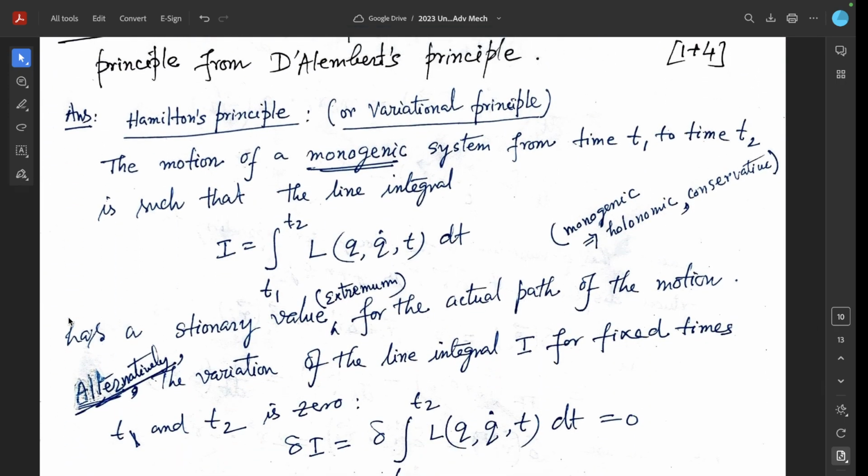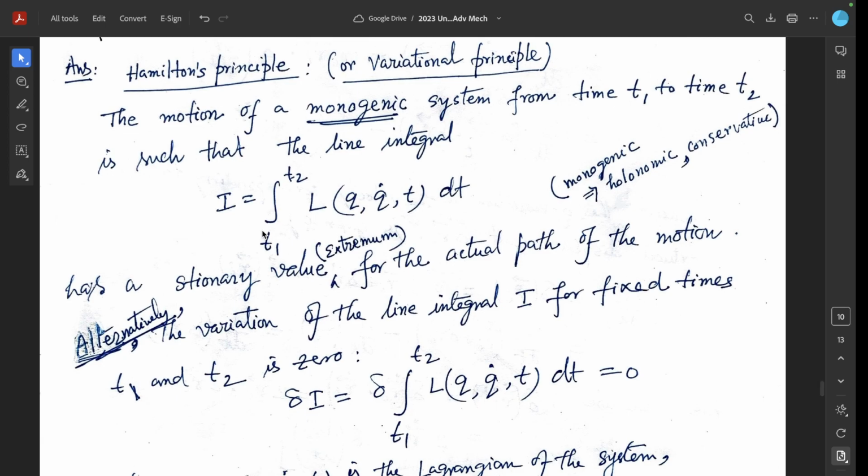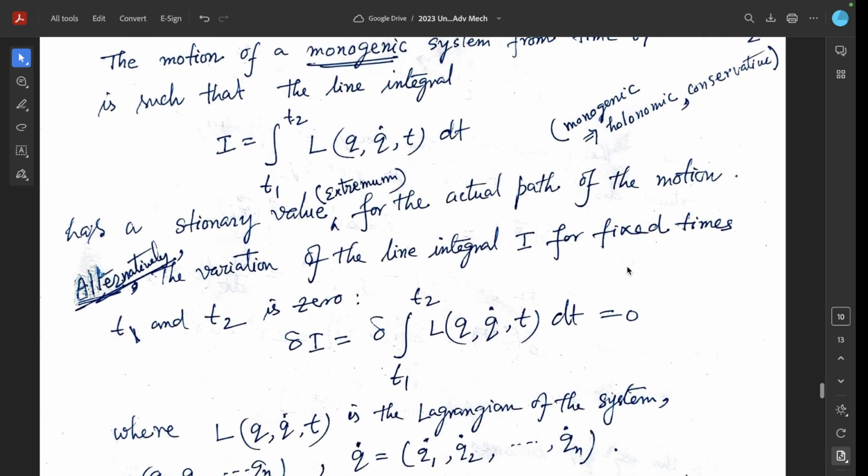Hamilton's principle, this variational principle: the motion of a monogenic system, monogenic meaning holonomic and conservative, from time t1 to t2 is such that the line integral I, the action integral, the integration from t1 to t2 of L dt, has a stationary value, that is an extremum, for the actual path of the motion.